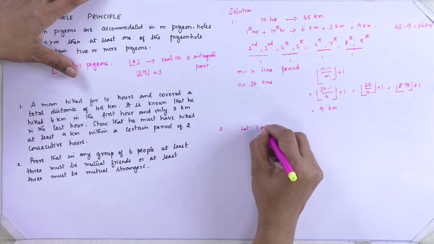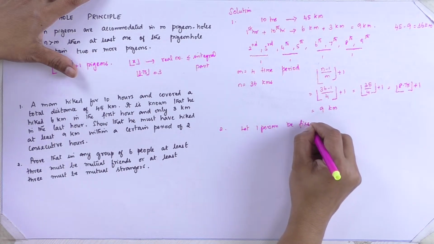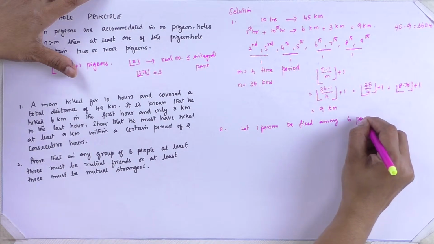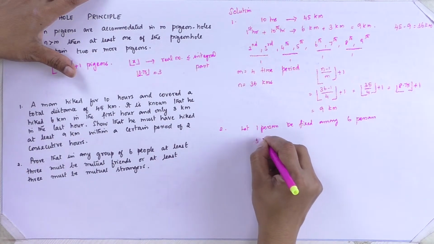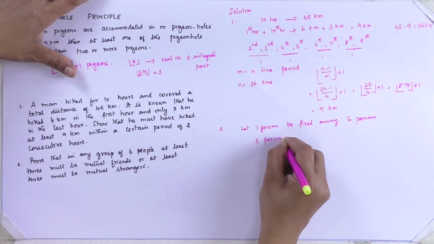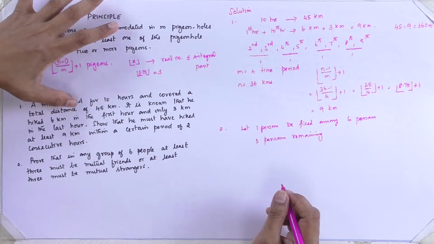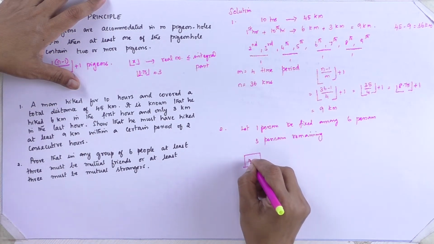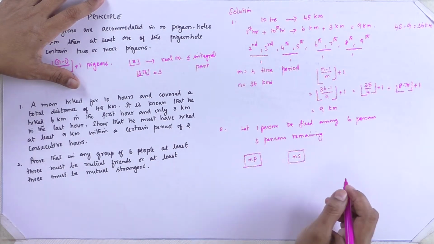So now let me fix one person among those 6 persons, right? Then only 5 persons will be remaining for my problem. And the next thing is that I will have either mutual friends or mutual strangers.